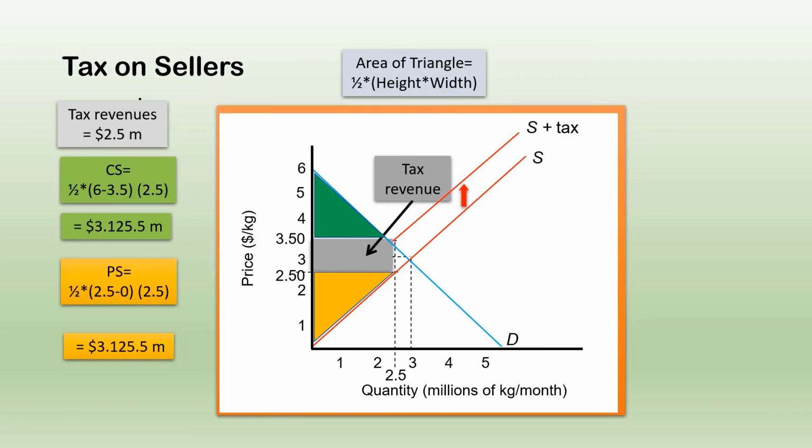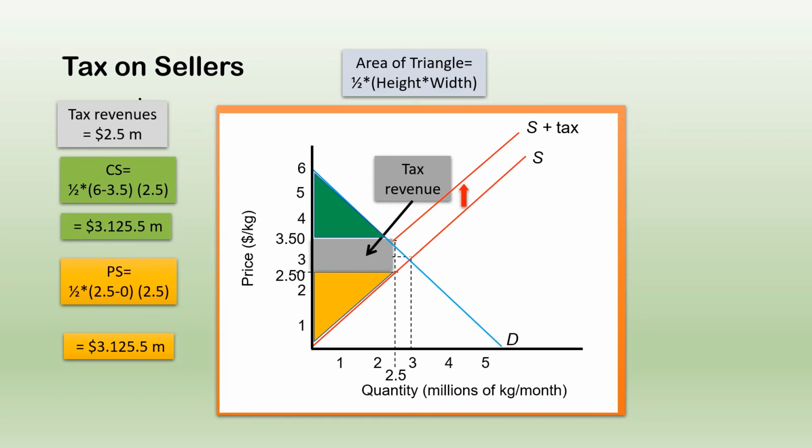Okay, and both consumer and producer are actually participating in this tax revenues, because half of the tax is paid by the consumer and half of the tax is paid by the producer. But basically this tax was imposed on the seller. Now why do both consumer and producer equally share this tax of $1?